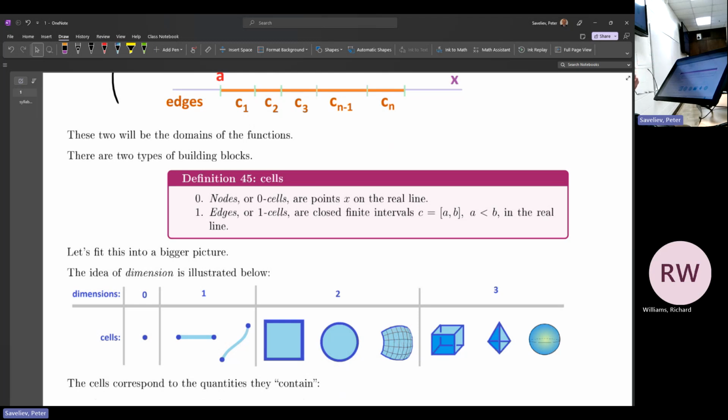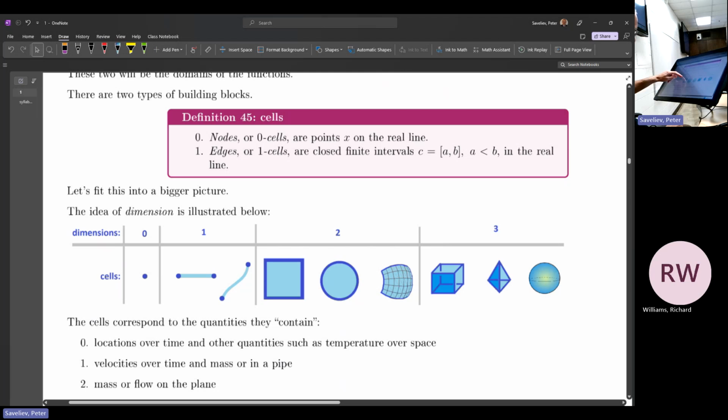Then our cells might be literally pieces of space, and you're tracking the temperature in each of them. Depending on what kind of space you're dealing with, you have to deal with cells of high dimension. So it fits into the longer range of possibilities as we deal with them.